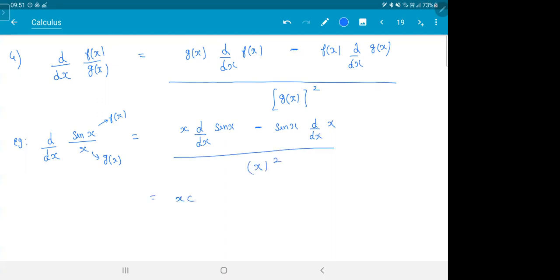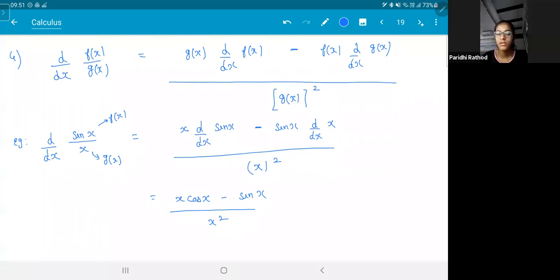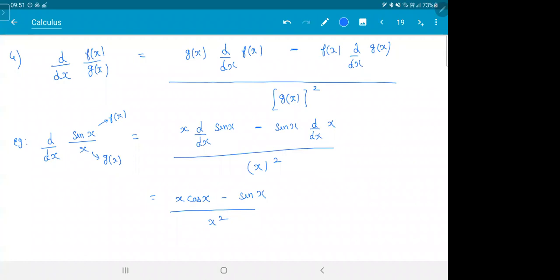So the differential of sine x is cos x, and dx by dx is 1, by x square. That's your answer. Check out the example. Ask me if you're confused. Any step you didn't get, please ask me.